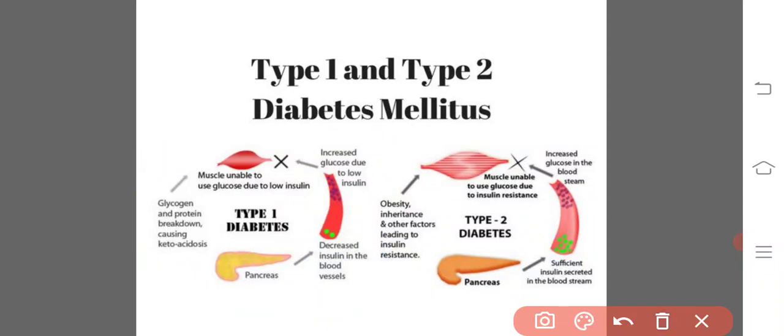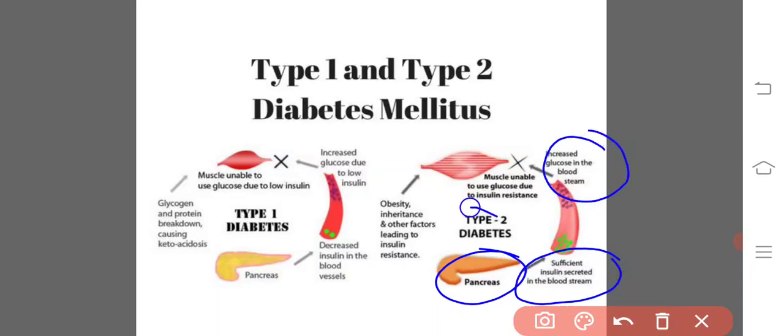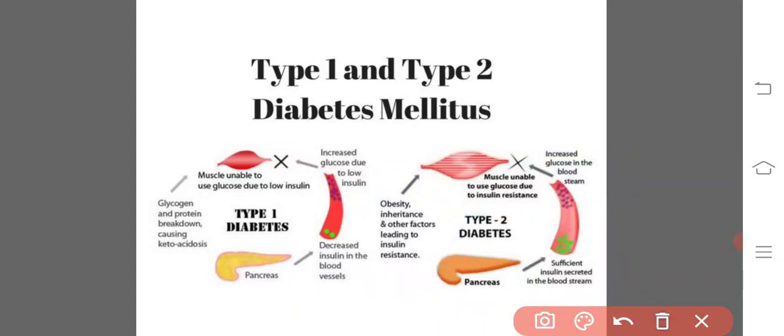Then in type 2, the pancreas secretes sufficient insulin into the bloodstream, but glucose is increased in the bloodstream because the muscle is unable to use glucose due to insulin resistance. What are the causes? Obesity, inheritance, and other factors leading to insulin resistance cause type 2 diabetes. So here it is type 1 and type 2 diabetes mellitus.